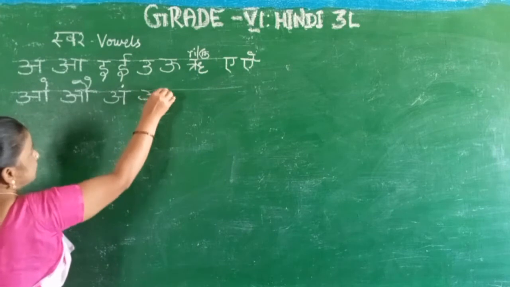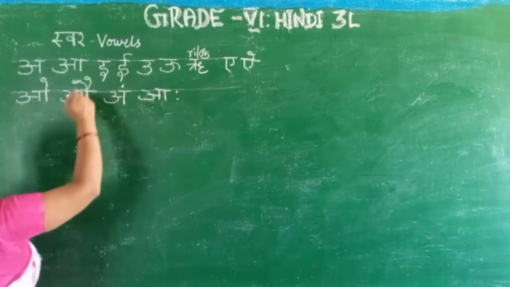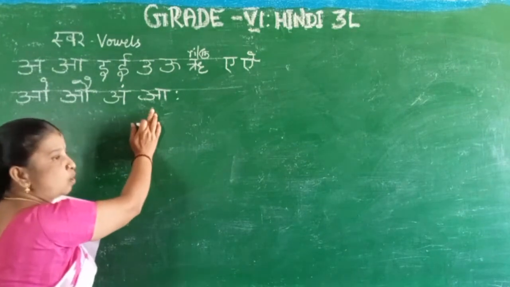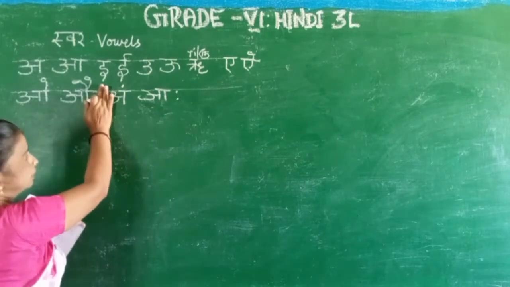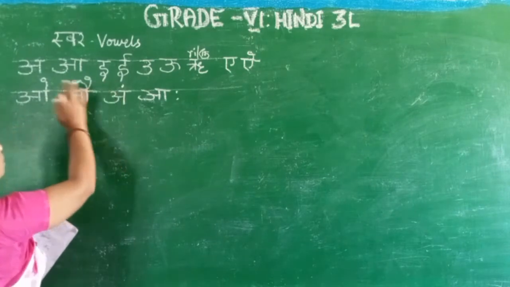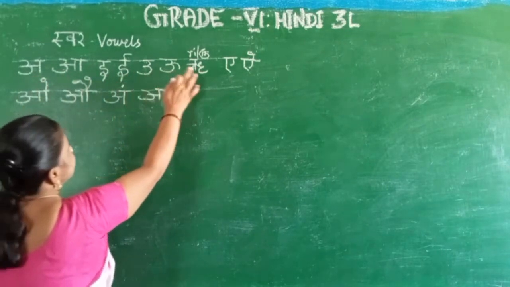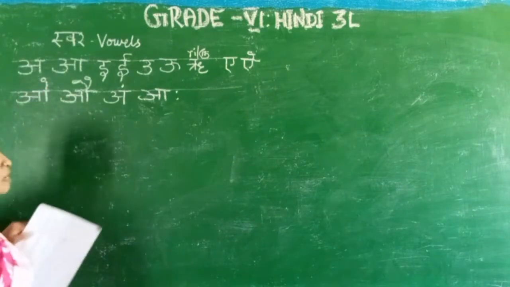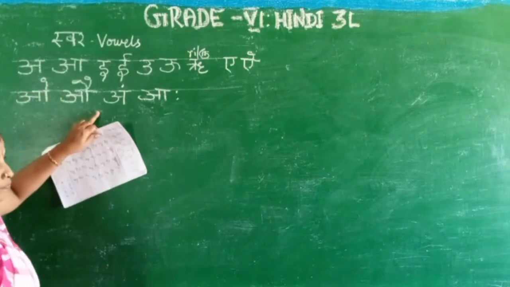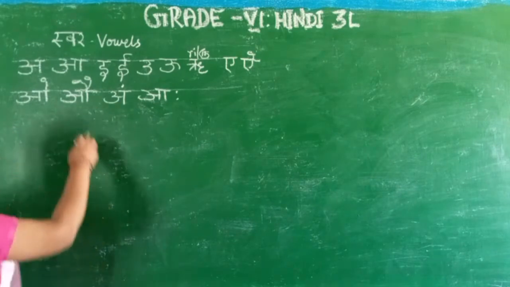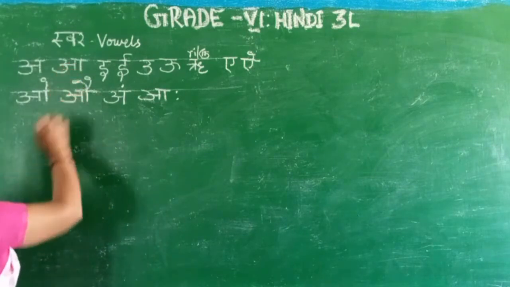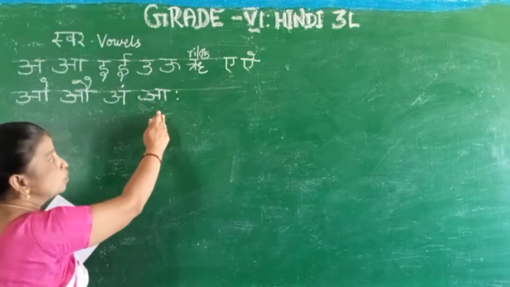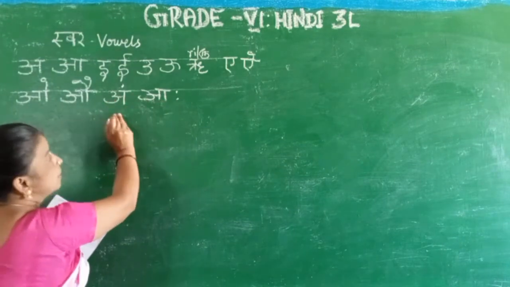In the last video I already told you the vowel letters are 11 letters, but these two letters are dotted letters, so they are not considered vowels. So 1, 2, 3, 4, 5, 6, 7, 8, 9, 10, 11. From A to Au, there are 11 vowel letters in the Hindi varnamala. These two dotted letters are not considered vowels.